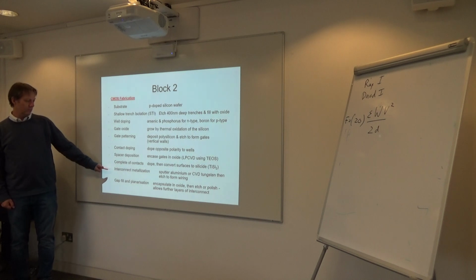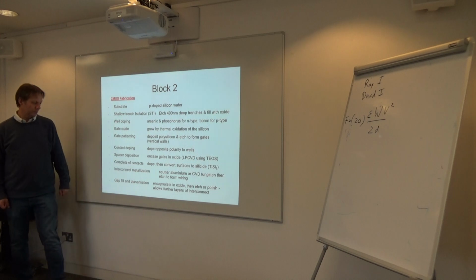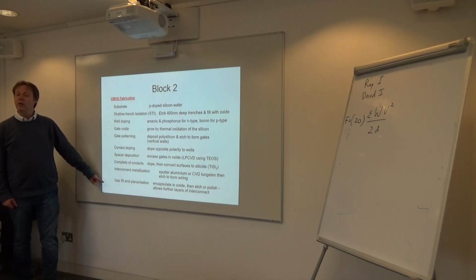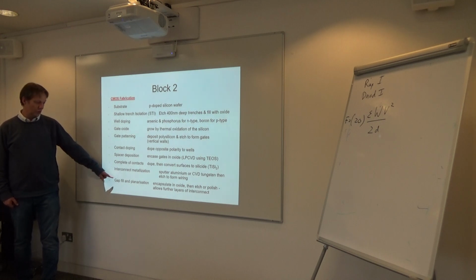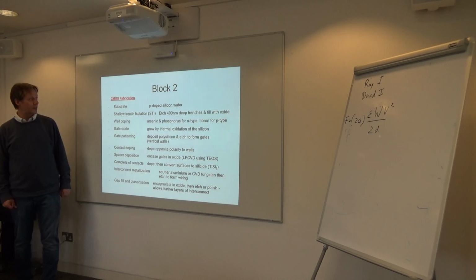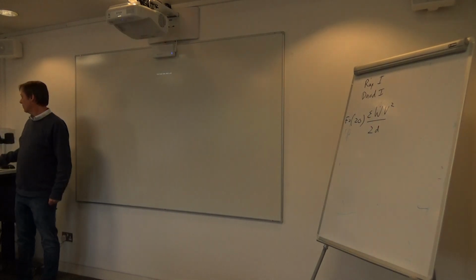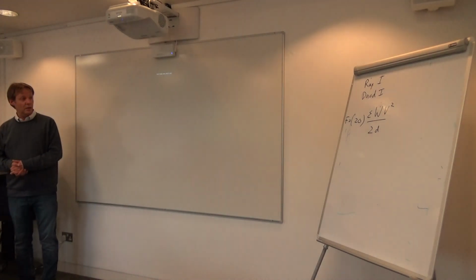And then you add your wiring, which could be aluminium or tungsten. Further gap filling and then polishing it so you can add further interconnect layers on if they're needed. That is basically block 2.